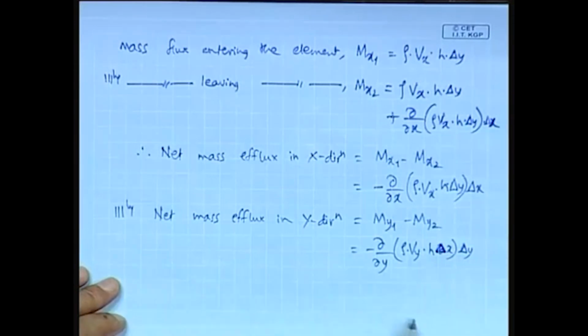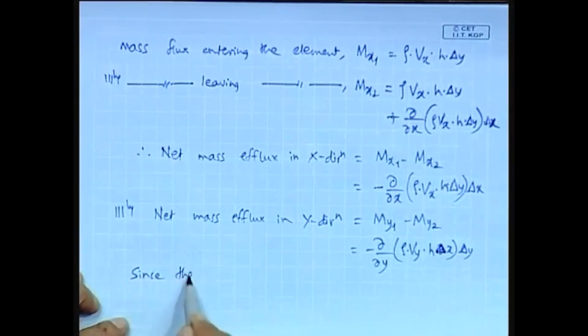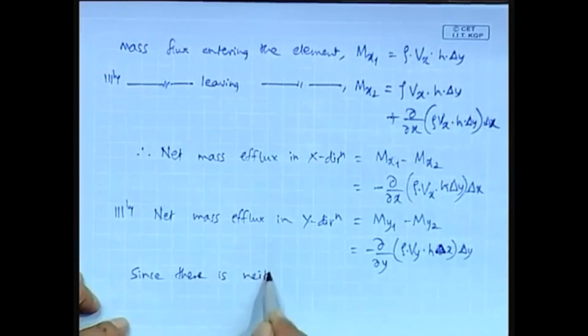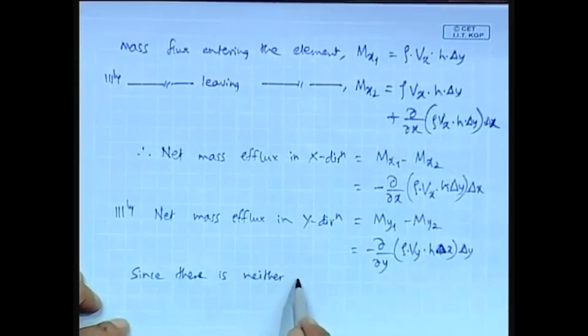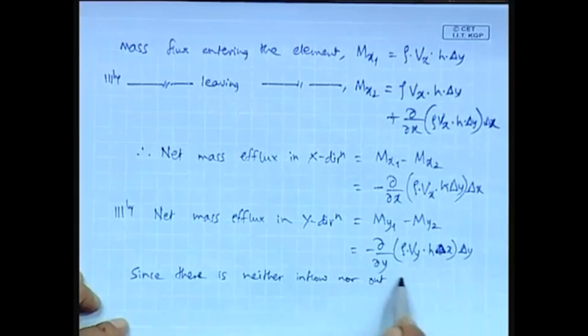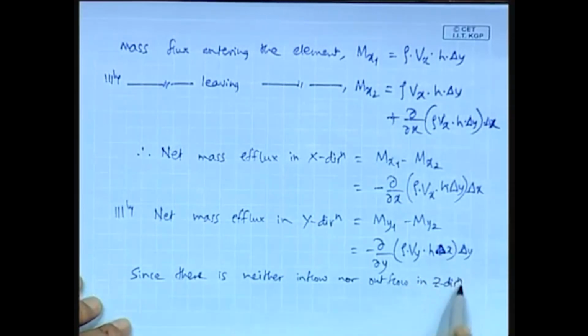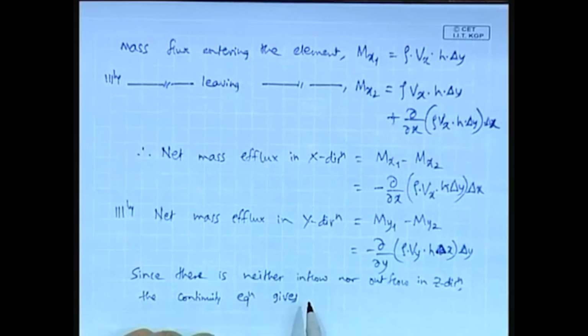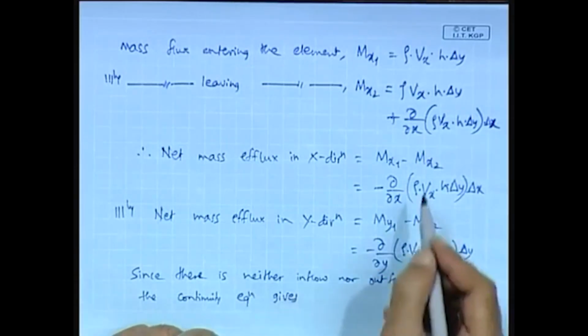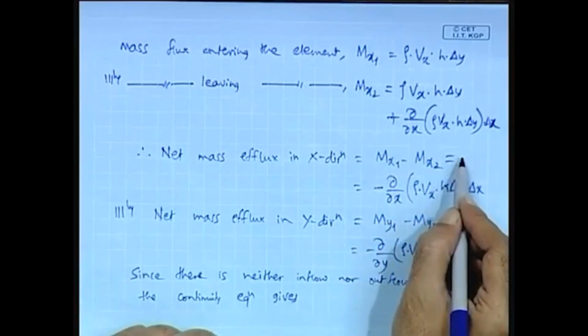So, therefore, since there is neither inflow nor outflow in the z direction, the continuity equation gives, obviously, that this mx1 minus mx2 is denoted by delta mx.